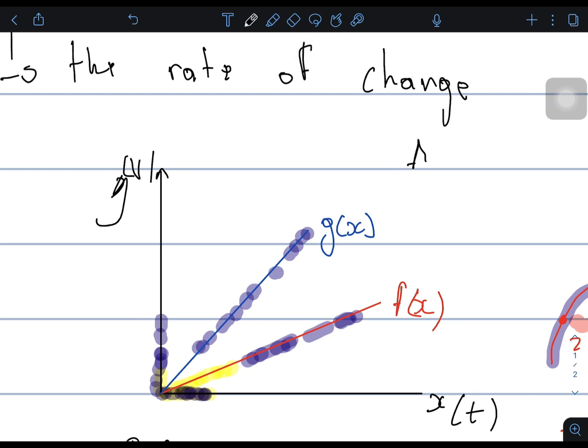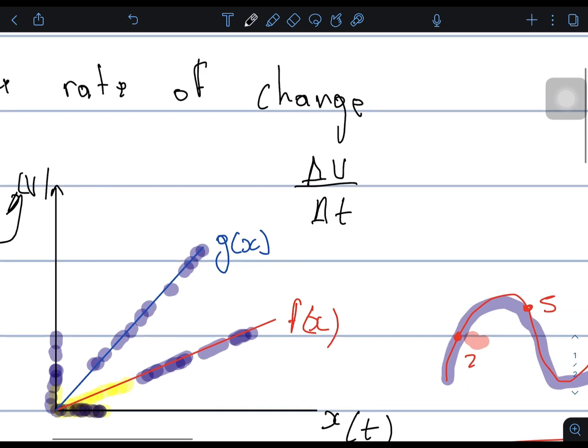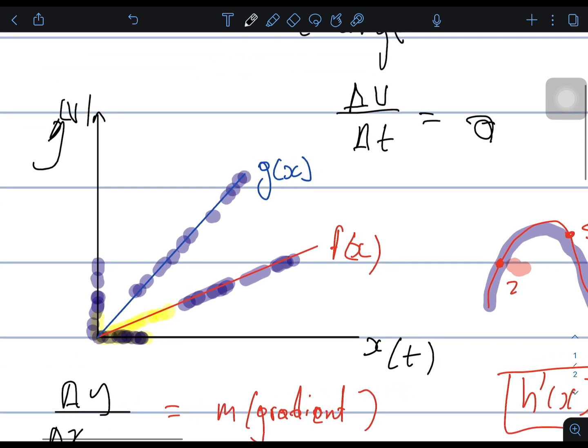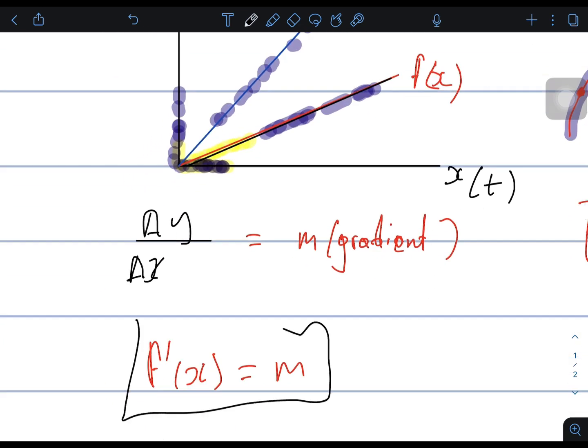Change in v over change in time is equivalent to acceleration. So we can use this in science. It means we are able to calculate the acceleration of our curve by calculating the gradient, by calculating the derivative of this function. Then we have found the gradient of that function.